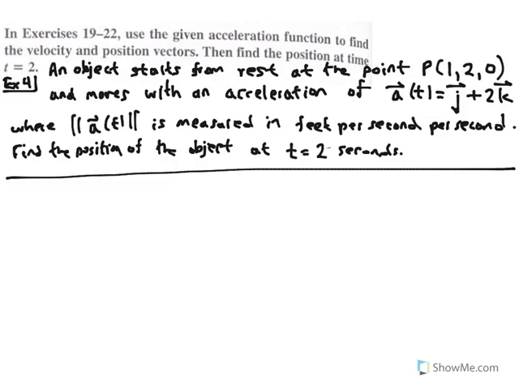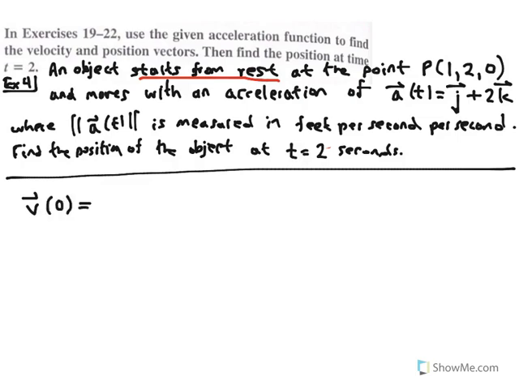An object starts from rest. So look at these words. An object starts from rest, meaning when it starts moving from rest, which means at time t equal to 0, the object was at rest, meaning it was not moving.